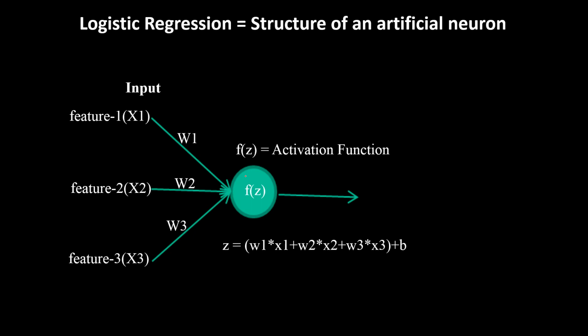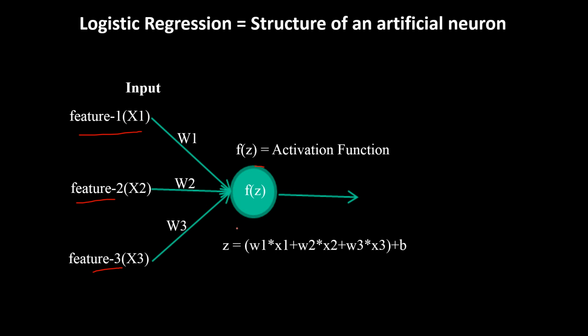Logistic regression can now be considered as a structure of a single artificial neuron, because this unit that you see on this very slide is the basic unit of any neural network, either convolutional neural network or LSTM, recurrent neural network, or whatever network you consider. This is a logistic regression where you have these features or inputs, and they are weighted individually.